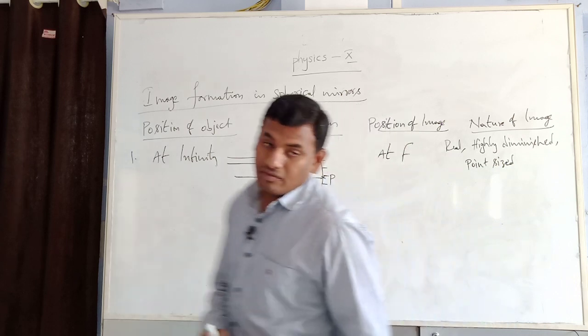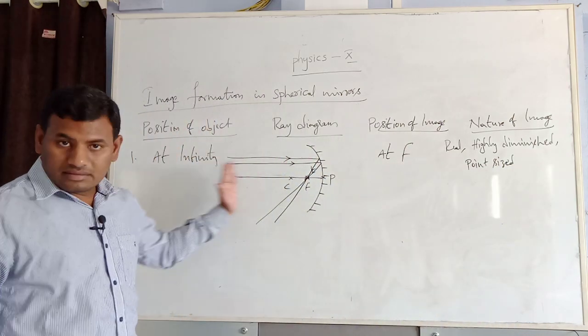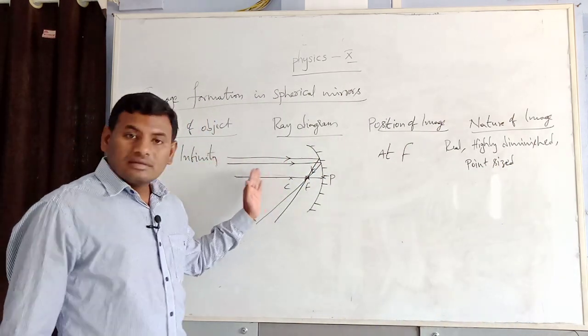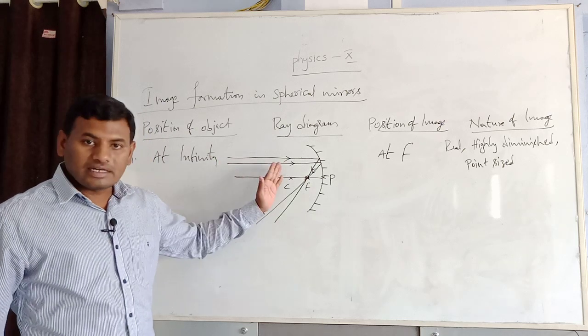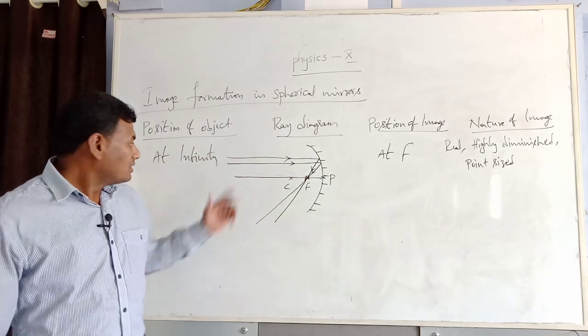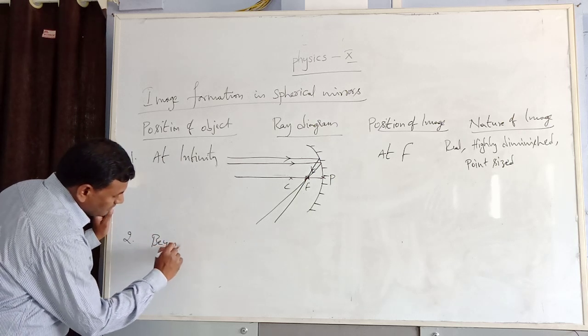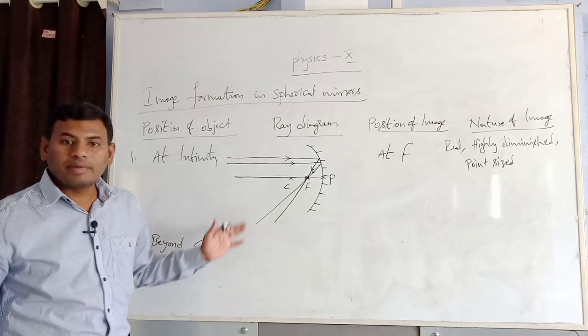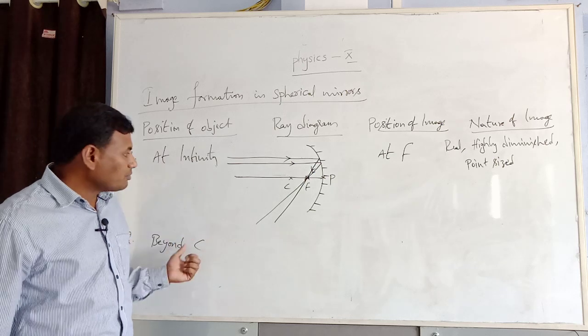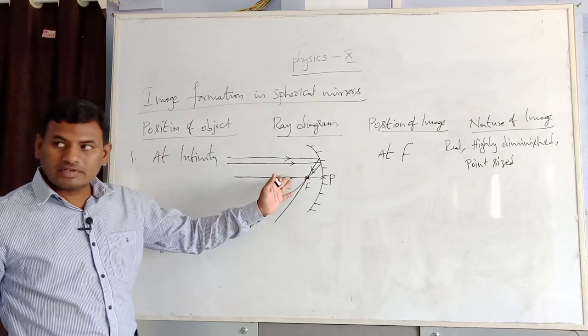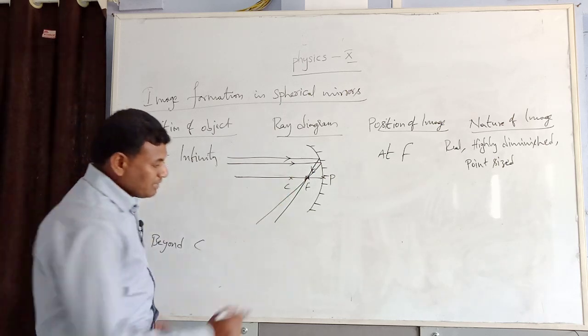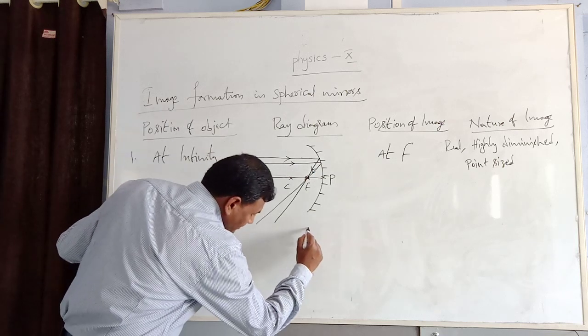Now coming to the second one, when the object is at a distance between the center of curvature and infinite distance. So the second one is beyond C. That is, beyond the center of curvature but not at infinite distance. So the object position is between infinity and the center of curvature C. Let us see the position and nature of the image.